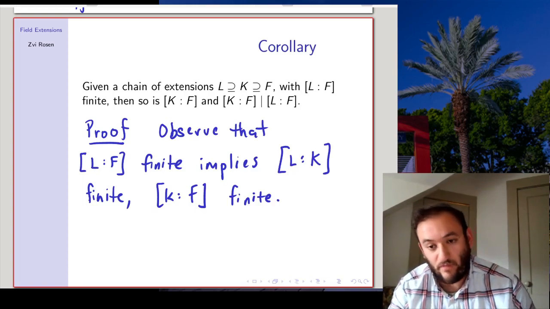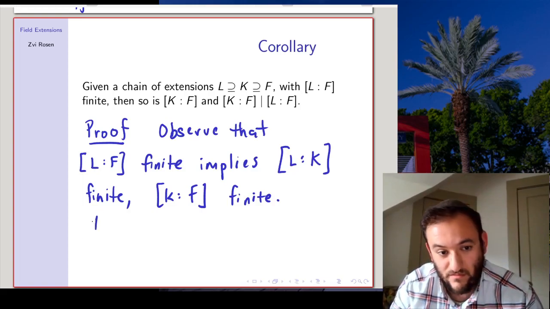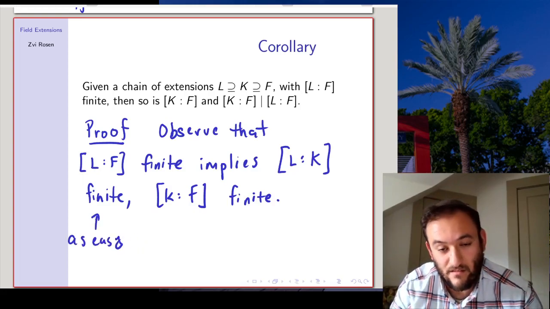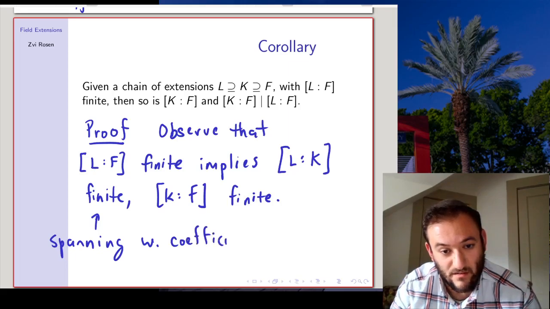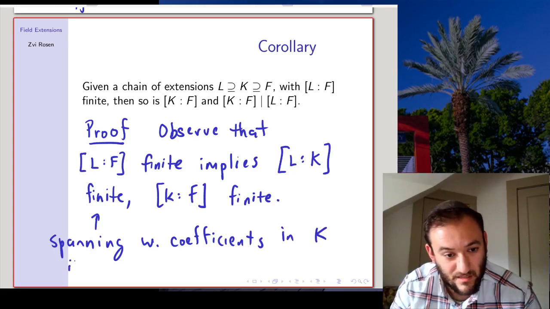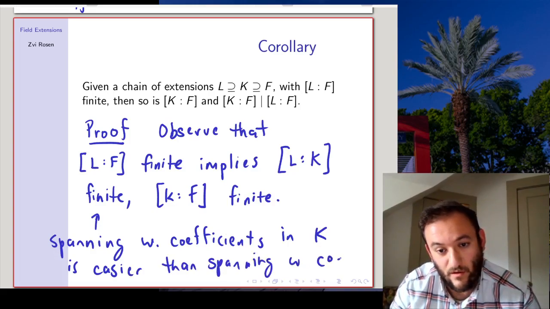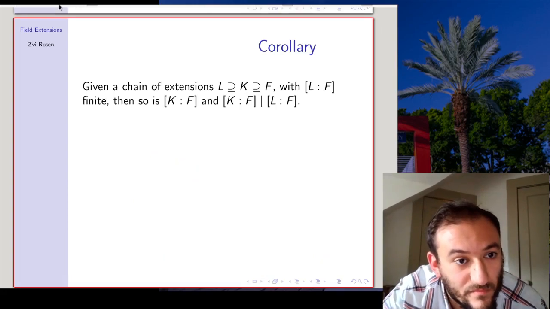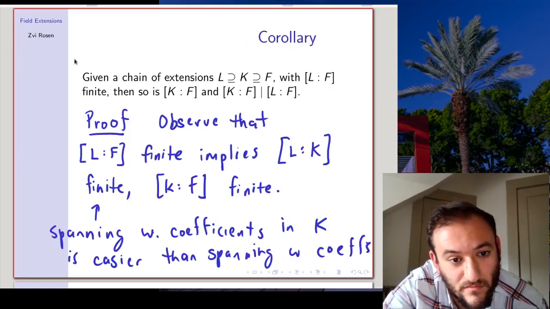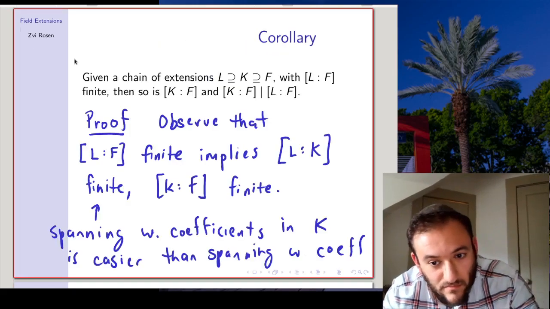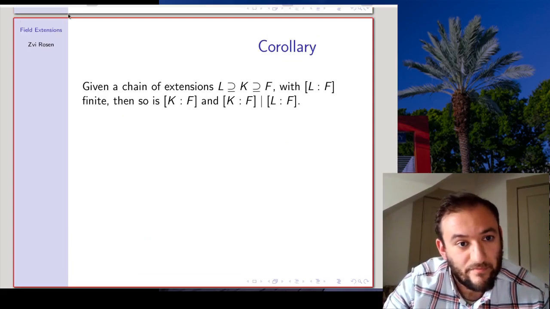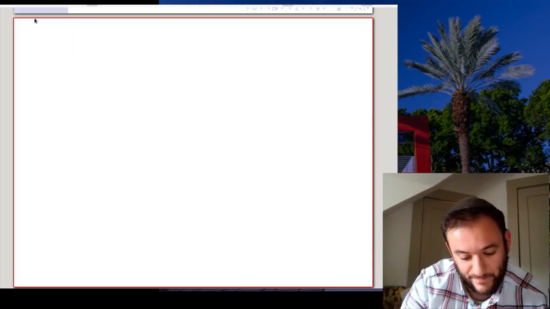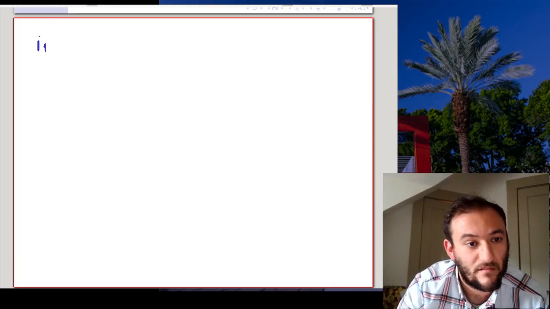Then the same is true, all the more so if I further allow elements of K. So spanning with coefficients in K is easier than spanning with coefficients in F. How about the other one?